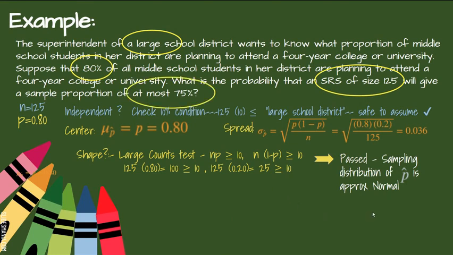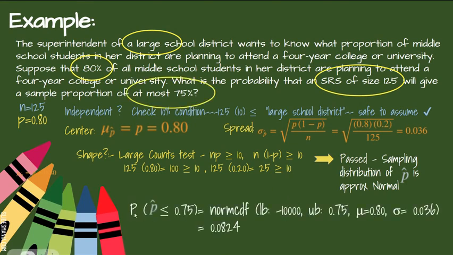All right, so we would put it into our calculator, or we could do it in Desmos. p hat less than or equal to 0.75. It says at most, so that means between 0 and 0.75.